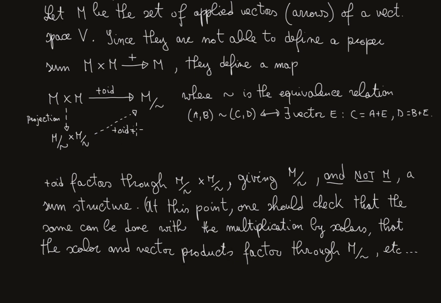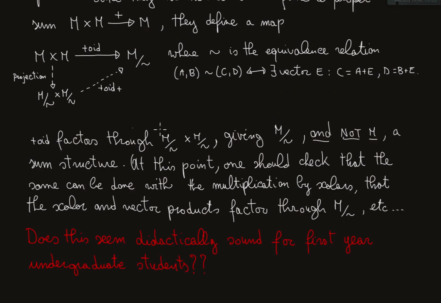For each of them, we have to check that they all factor through this new set of applied vectors modulo the equivalence relation. So this is what it would take to make mathematically correct this kind of hand waving and intuition that physicists usually want to impose on the notion of vectors and applied vectors.